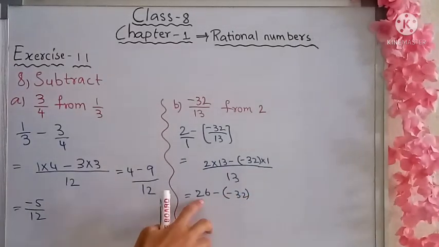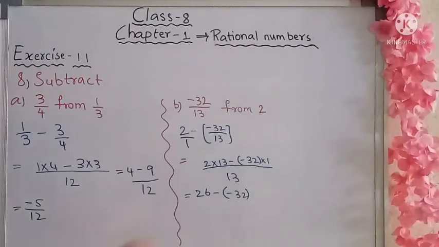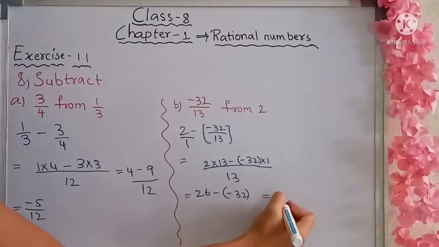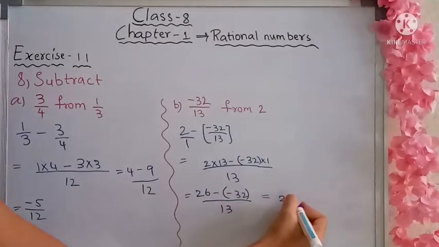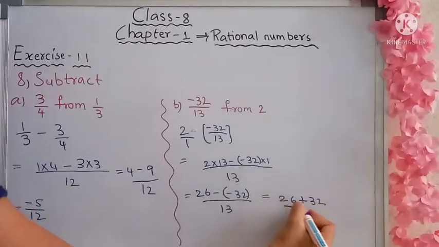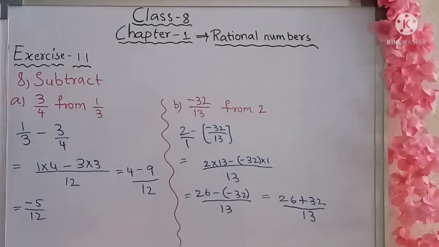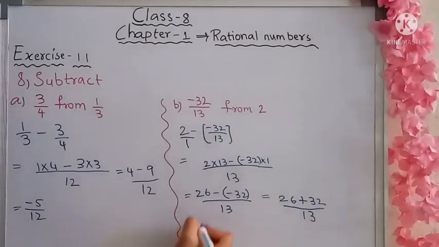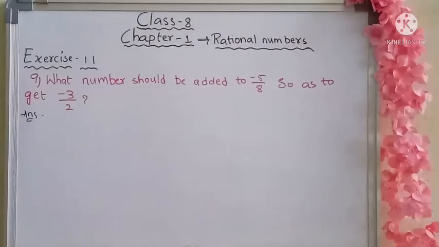So now 26, this plus in minus into minus, which becomes plus. So this is equals to 26 plus 32 upon 13. So now 26 plus 32, which is equals to 58. So the answer becomes 58 upon 13. So this is our answer for 8th question.